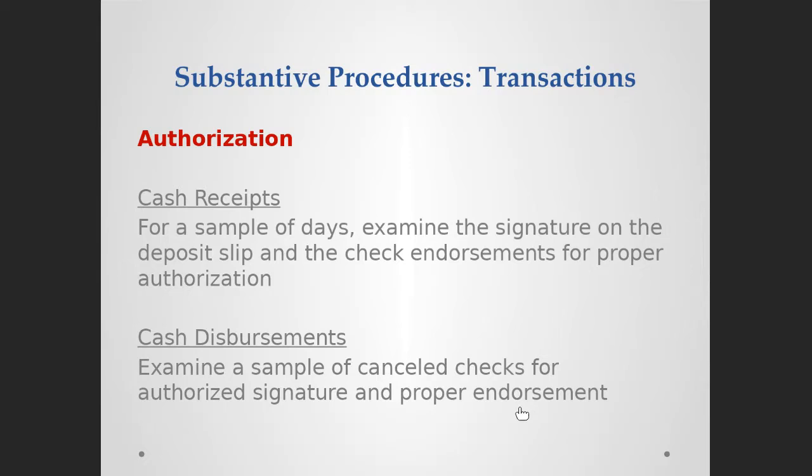So let's say Al Rayyan Water Company is getting paid by Lulu. It will never be with cash. It will be either with check or an electronic fund transfer. So you want to see that the canceled checks have proper authorized signatures as well as endorsement.